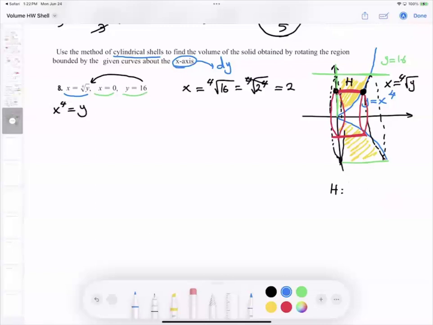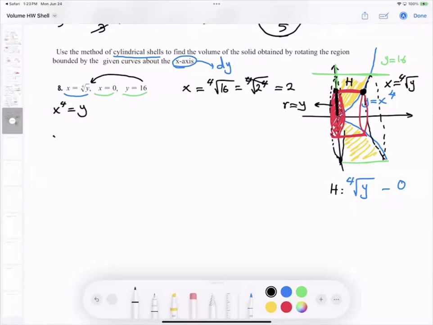So that's how you calculate your height. Then you can move on to your base as well. The larger x value minus the smaller x value. But what is the base? When you look at it, the base is located on the y-axis, right? This is a vertical object that depends on y. So the radius of the base is y.